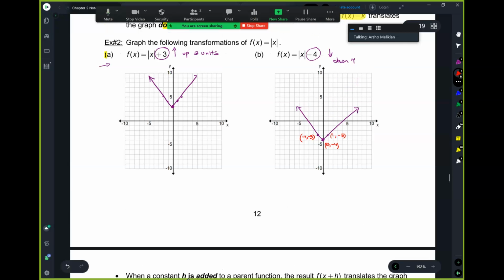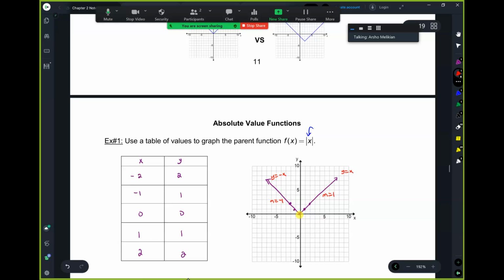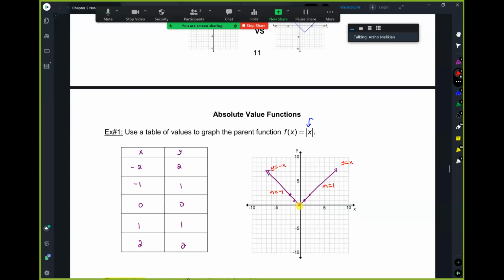How do you know what points to graph after the negative 4? Because it's got to have a slope of 1. Okay? So 1 up over 1. Why would it not be that? Okay, so remember when we graphed the absolute value first with the table, we got this.